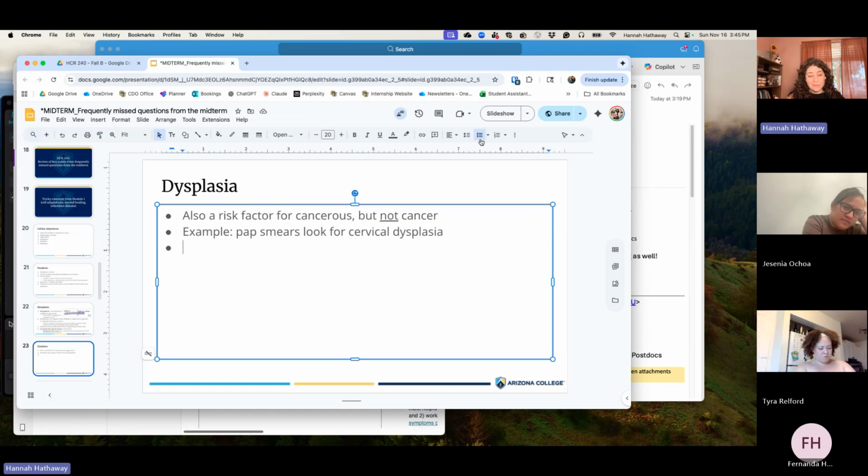If they're really concerned, maybe they'll remove part of it to get ahead of it potentially becoming cancer. But that's essentially why you get pap smears, to check if cells look abnormal. And if they do, then you are probably going to get more frequent pap smears to keep an eye on it because they're sort of precancerous, but not cancer yet.